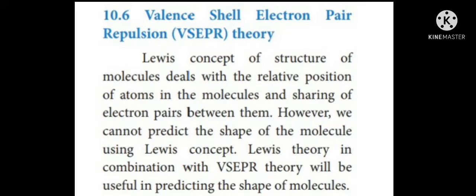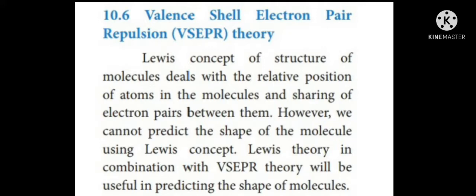In our earlier classes, we discussed the topic Lewis concept of structure of molecules. Lewis concept explains about the relative position of atoms in the molecules and how the electron pairs get shared between atoms in the molecule.